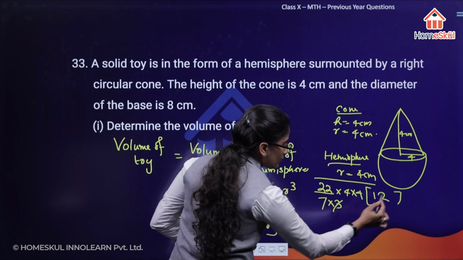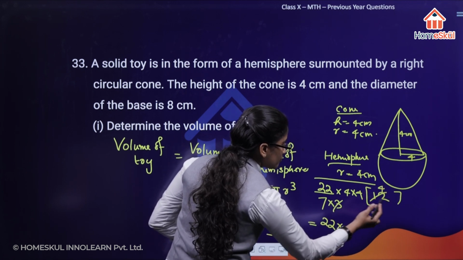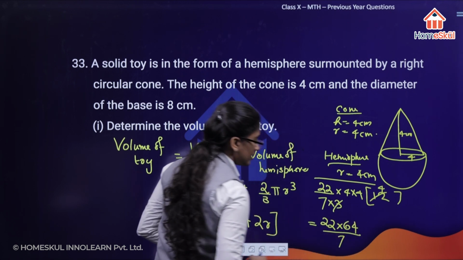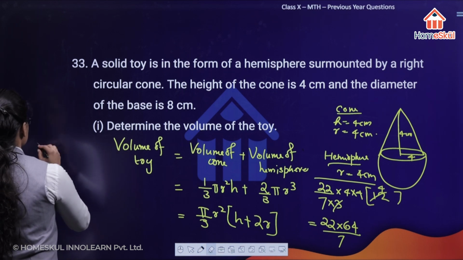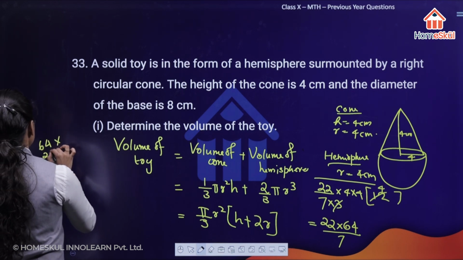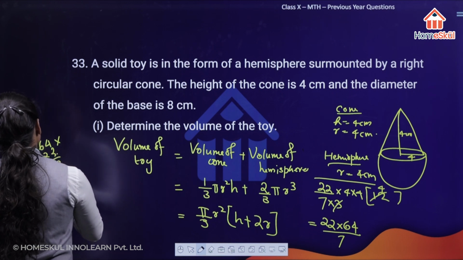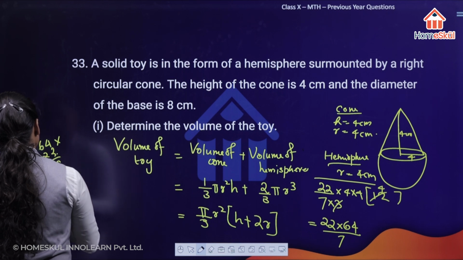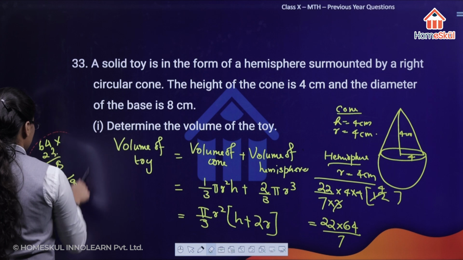On solving, we get 22 times 4 times 4 times 4. 4 cube is 64. 22 times 64 is 1408, divided by 7.